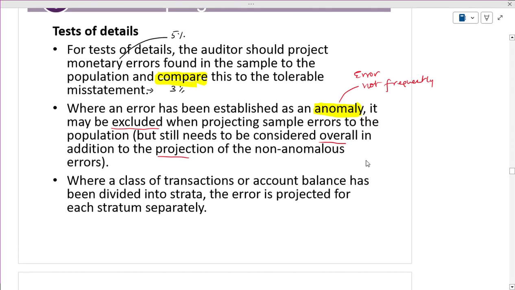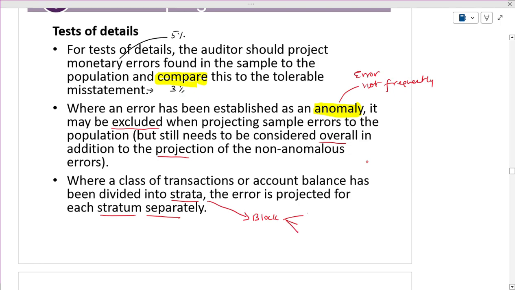Where a class of transactions or account balances has been divided into strata, strata means different blocks. The error is projected for each stratum separately. In the firm you will have different divisions.